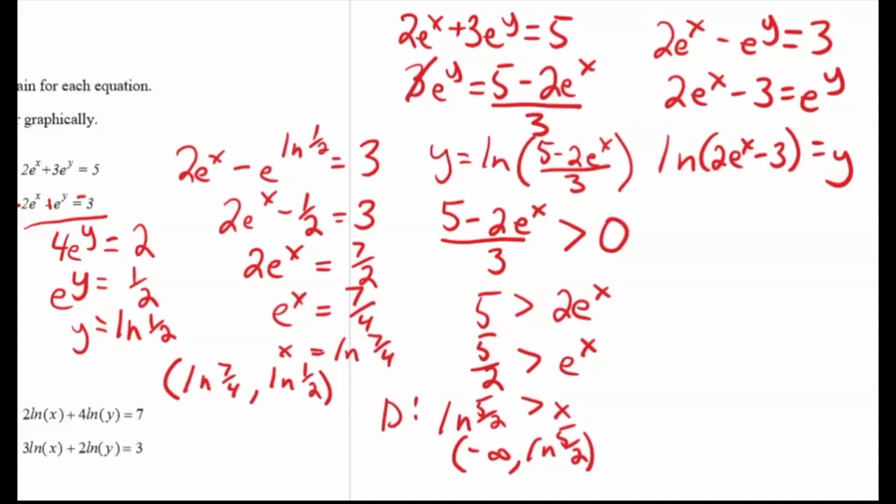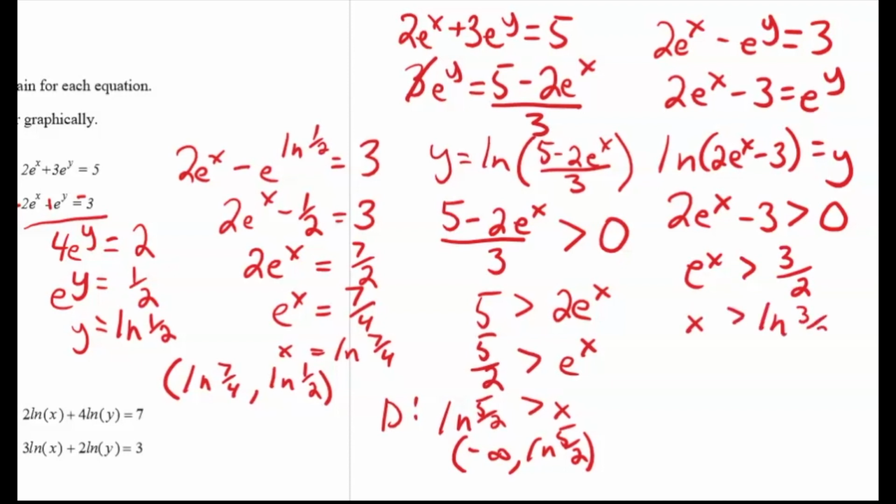And again, you would set the inside of this ln, the natural log, you would set the 2 e to the x minus 3 to be greater than 0. And so e to the x would be greater than 3/2. And x would have to be greater than the ln of 3/2. So this would be the domain if you want to write it in inequality notation, but if you want to write it in interval notation, it would be ln of 3/2 to infinity.